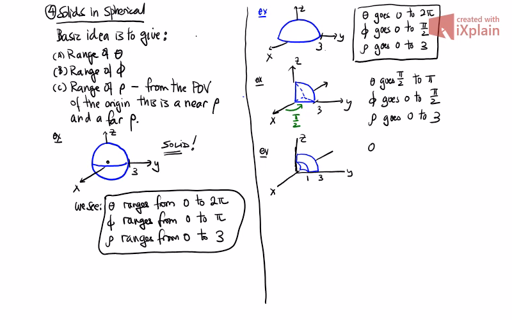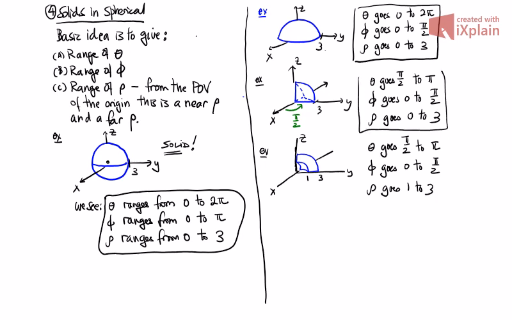So now in this case, theta goes pi over 2 to pi. Phi goes 0 to pi over 2. And rho goes from 1 to 3. So now the rho changed in this one.